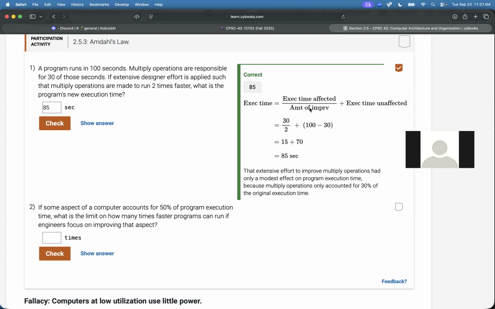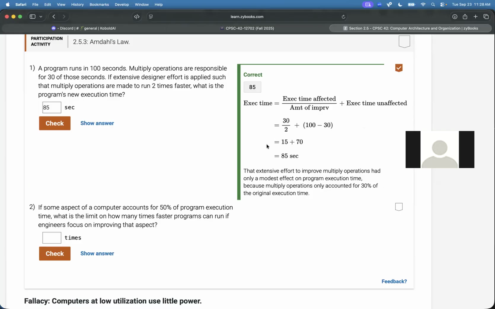The amount of improvement is 2 times as fast, so 30 over 2 is 15 seconds. And then plus the execution time of the unaffected stuff, that's the other. The other was 70, which we mentally had to do 100 minus 30 to get. But when you write it all out as a formula, it seems a lot more confusing than it is.